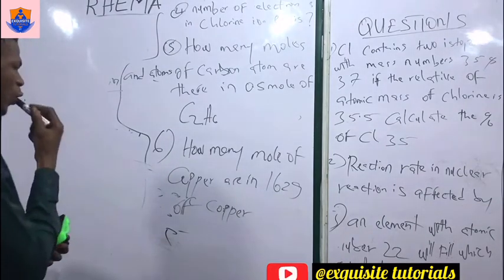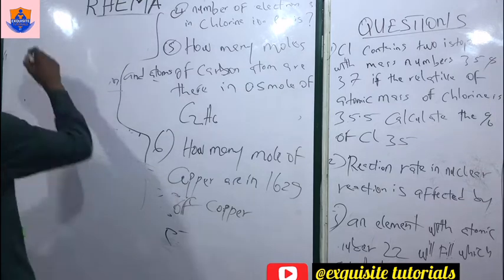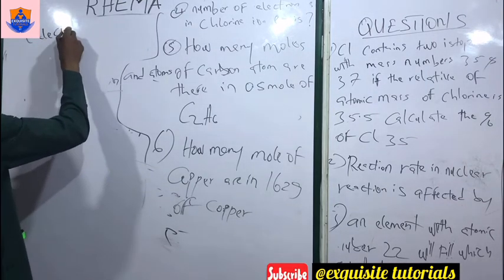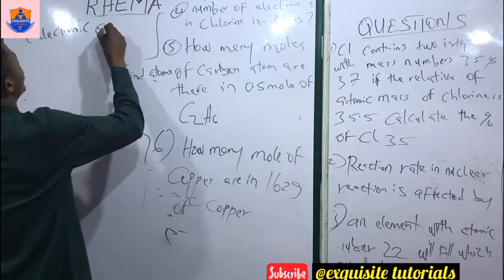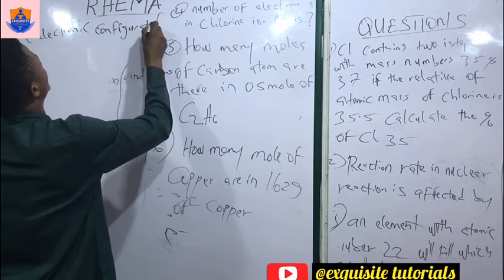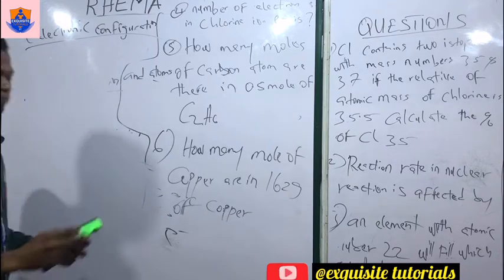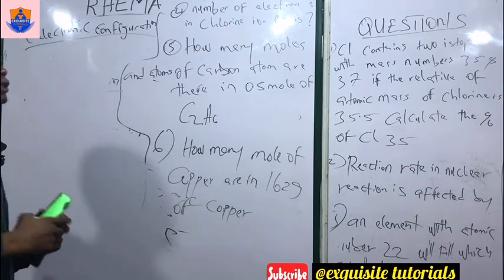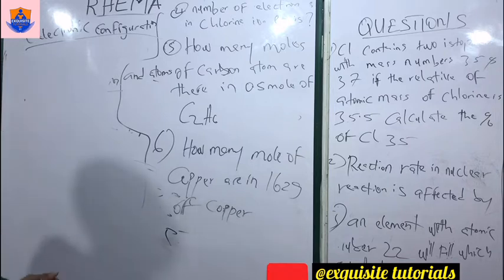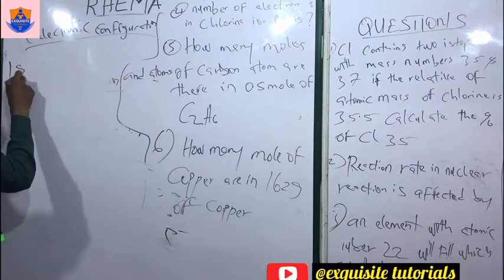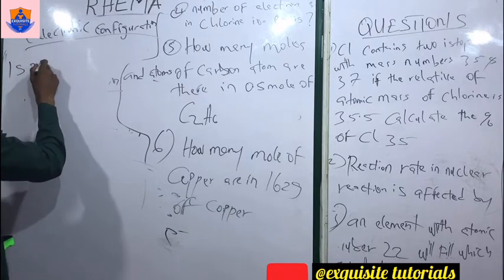So we have moved to another topic, electronic configuration. Now, I want to show you how the electronic configuration has to do with the energy levels. We start with 1s, 2s.